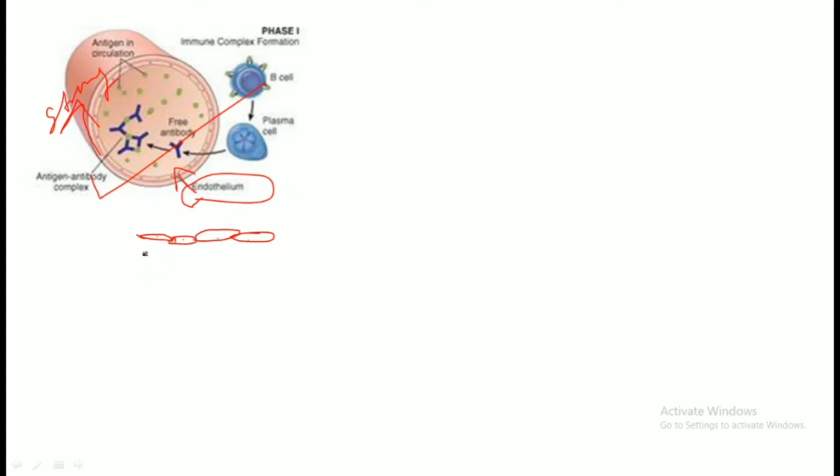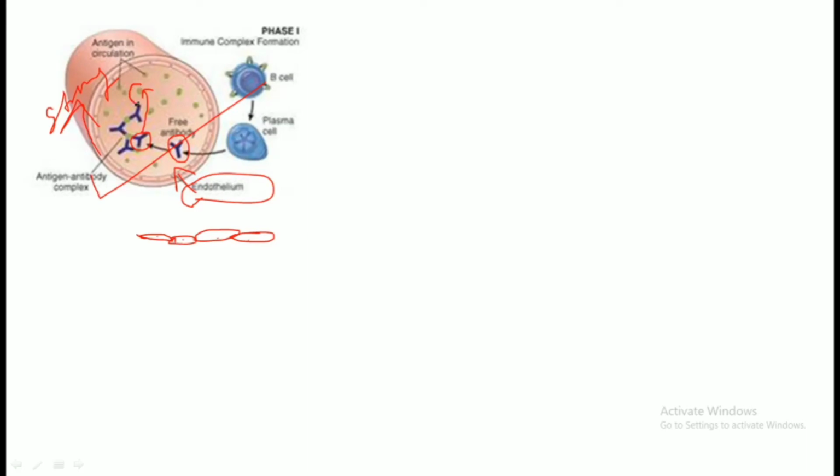We know inside our bodies antibodies are circulating in the blood. Consider a situation when the antibodies encounter a potent antigen. Whenever they encounter a potent antigen, they start making hypersensitivity reactions.